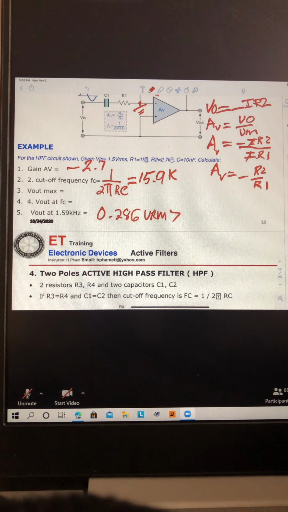That is number 3. V out max will be 4.05.